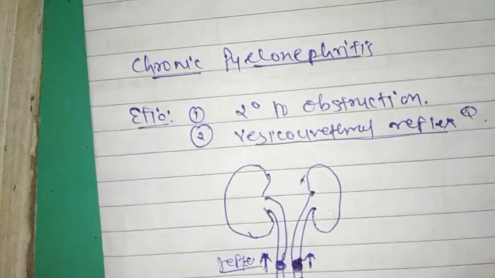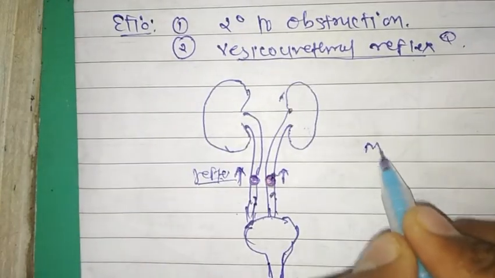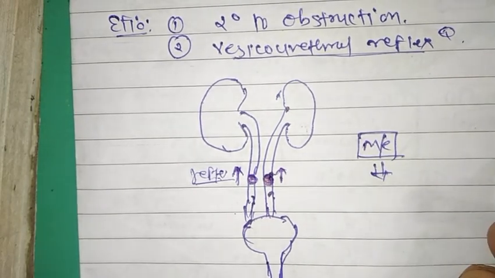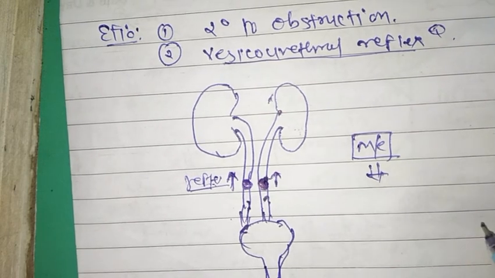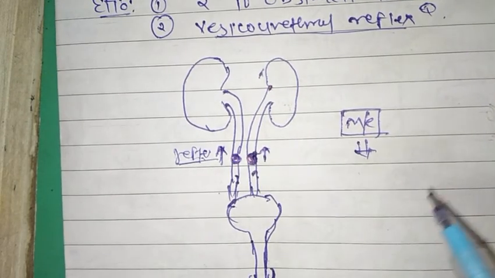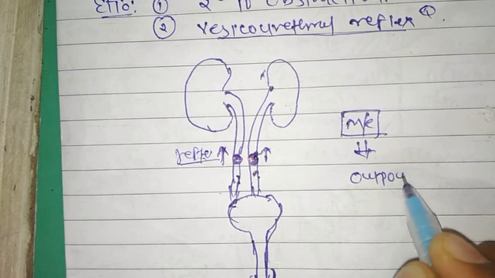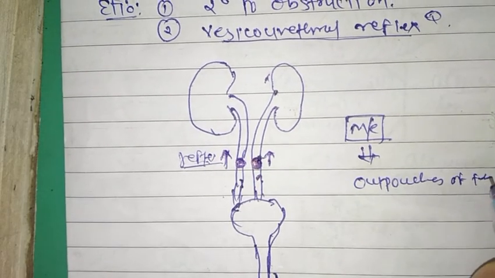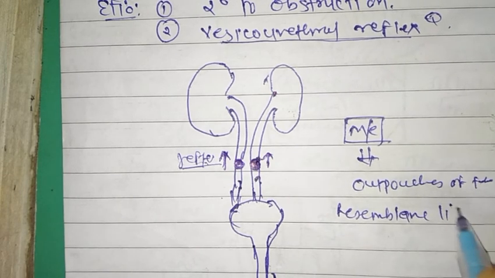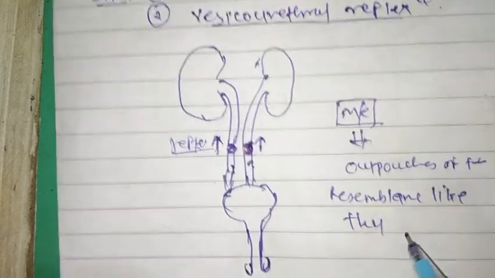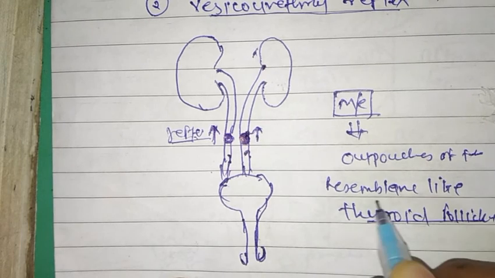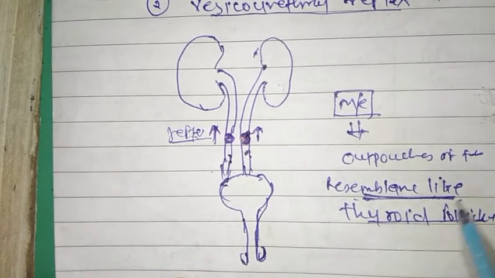So what are the findings in chronic pyelonephritis? What is the microscopy? What will we find in microscopic examination in chronic pyelonephritis? Out pouches of the tubules. When we look in the microscope, the tubules of the kidney show out pouches, and they resemble thyroid follicles.